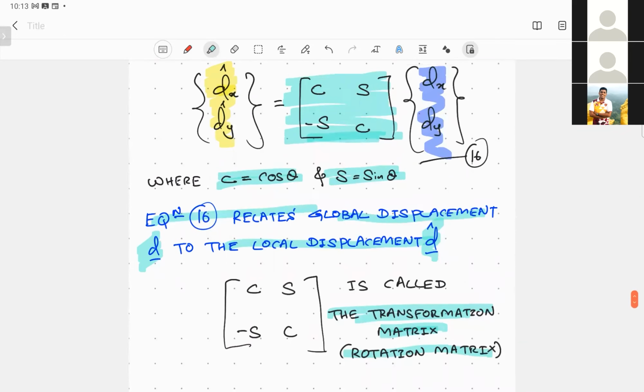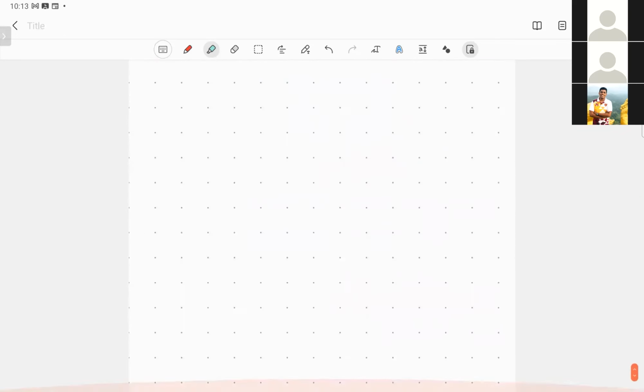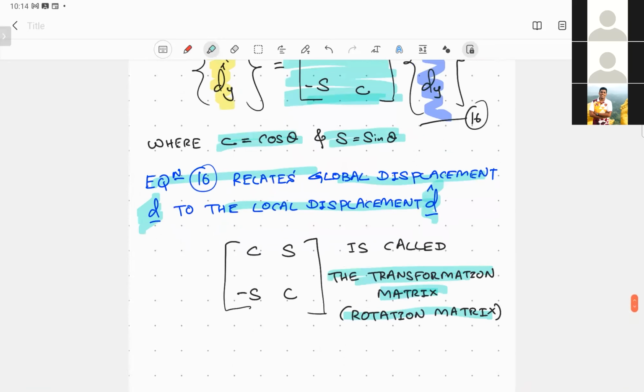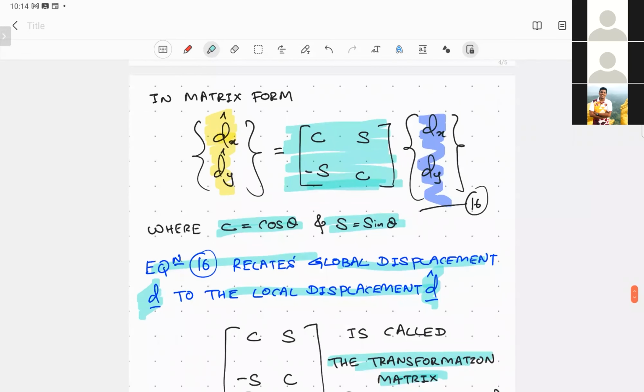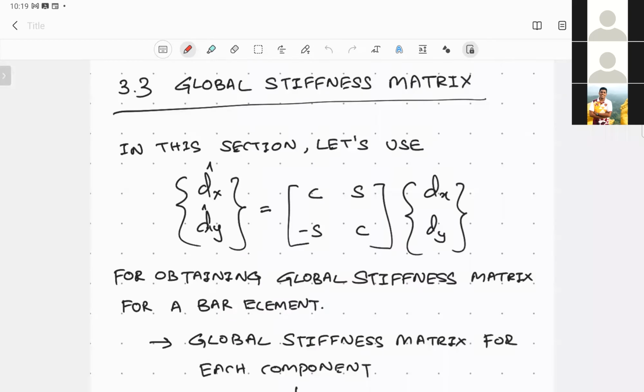And now let's see whether we can use this in another example, to solve more complicated problems. And now we know for each bar element, we can define the stiffness matrix in the global coordinate system. Assume now you have several elements.